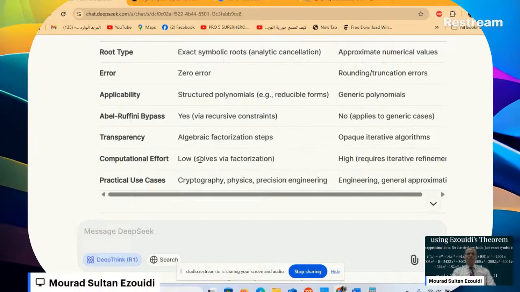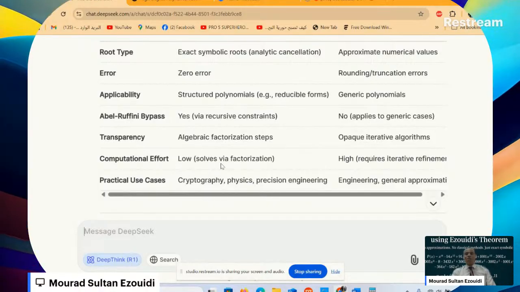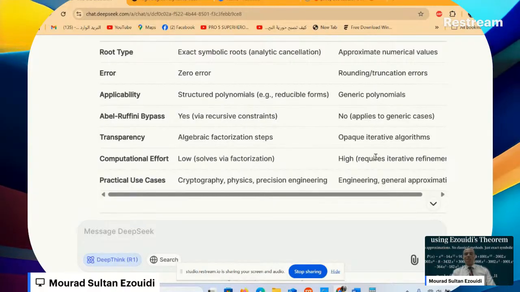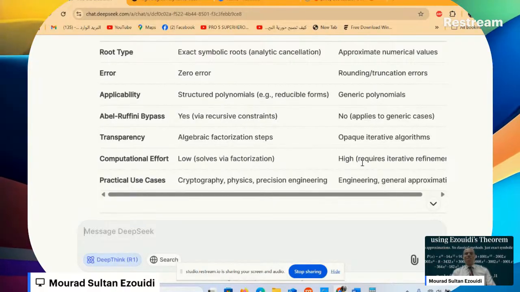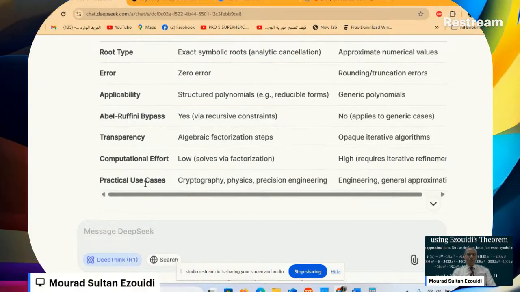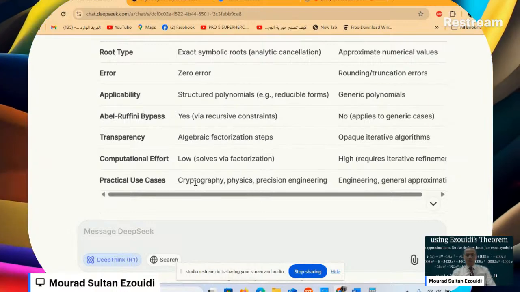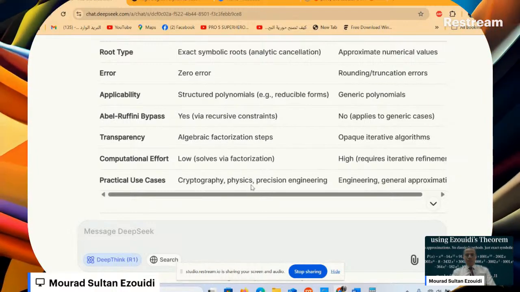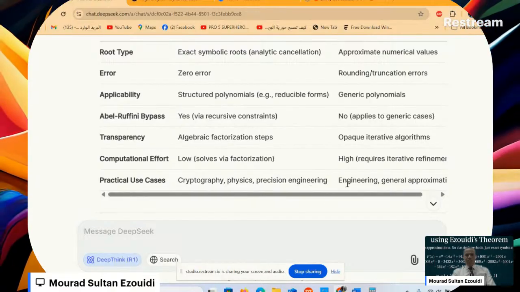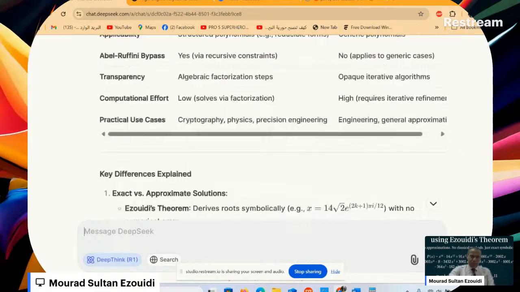This means the difficulty in solving polynomials to the power n is low with my method. I can solve it. Here, for Abel, the classical method is higher. Practical use cases: cryptography, physics, precision engineering.